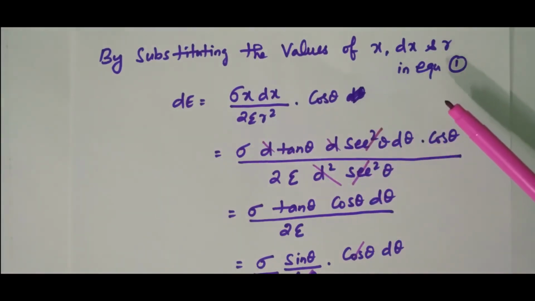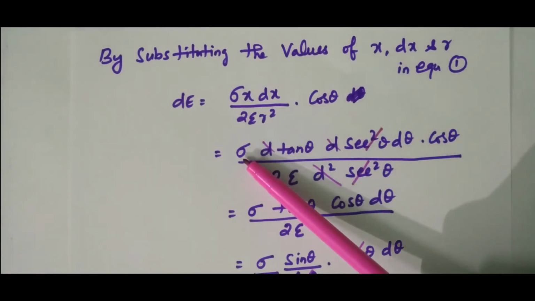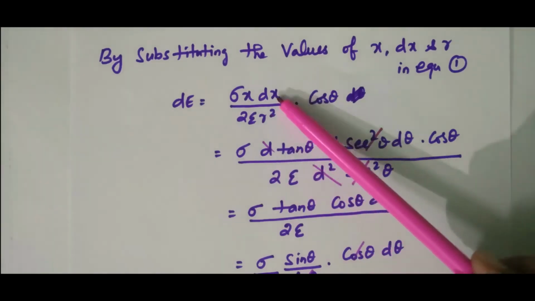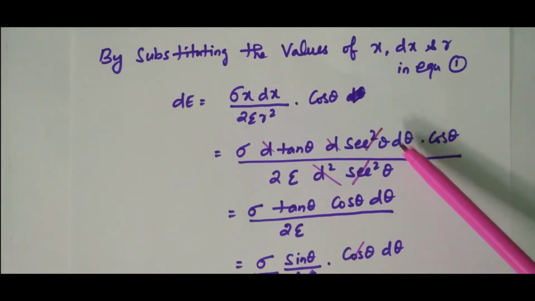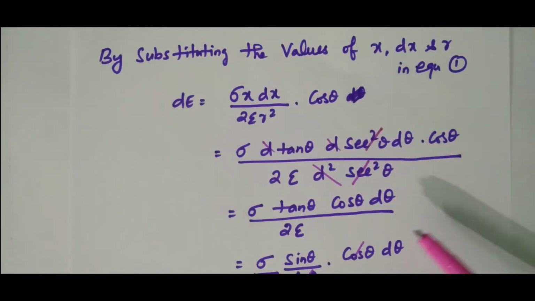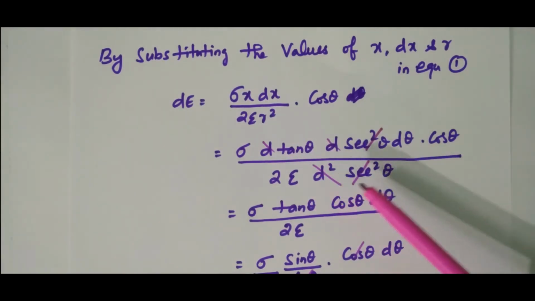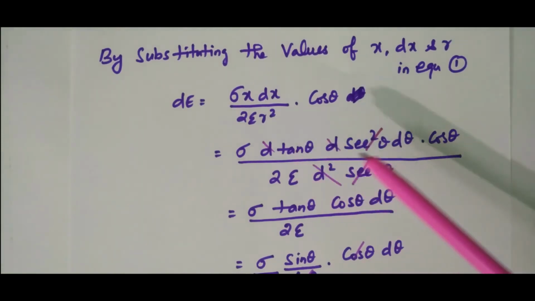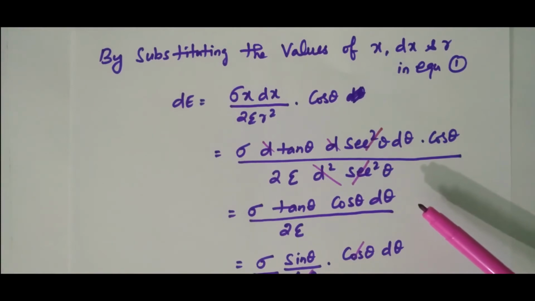Now we'll substitute: x is nothing but d tan theta. dx is nothing but d secant square theta into d theta. Again this cos theta is available, divided by 2 epsilon r square. r square is d square secant square theta. Right? The x value, dx value and r value are substituted.